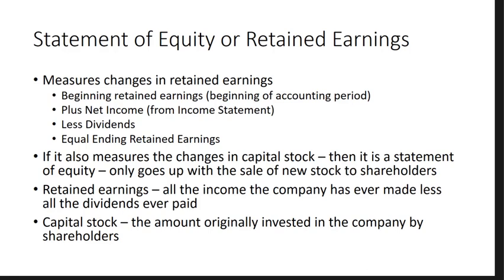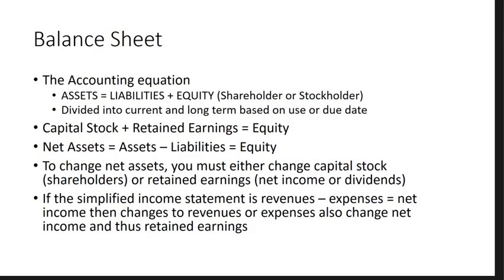That's why it doesn't normally go down, because once you've invested it, it's kind of forever. So there are your two pieces of the statement of equity: retained earnings and capital stock. That's what you're explaining, those two items, which are then going to flow to the balance sheet.